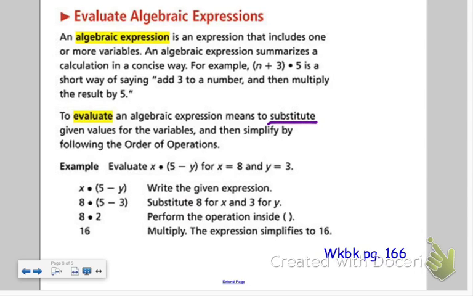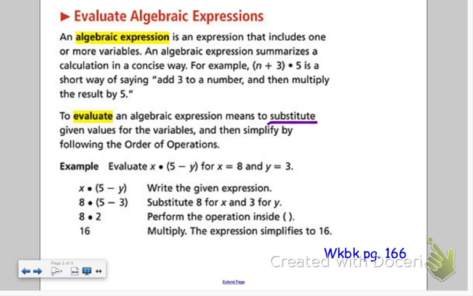You know, when there's a substitute teacher, that substitute comes in and takes the place of your regular teacher. Well, the same thing happens when you're evaluating an algebraic expression. You have to figure out what your variables are equal to, and usually that's given to you, and then you put that number in for the variable, and then you simplify it using the order of operations.